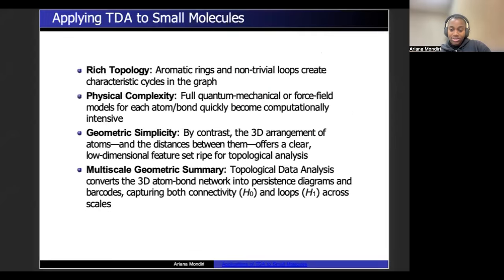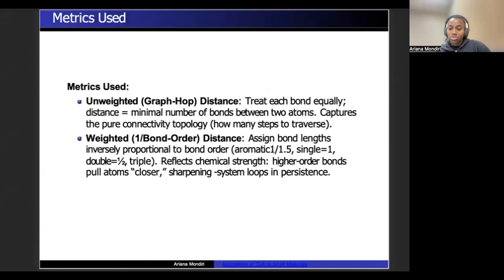When applying TDA to small molecules, what's really important is that small molecules have a rich topology with aromatic rings, and they have a physical complexity that we can capture using full quantum mechanical or force field models. But here we want to extract geometric summaries, which in this case are less computationally intensive. So we use two different matrices for the distance.